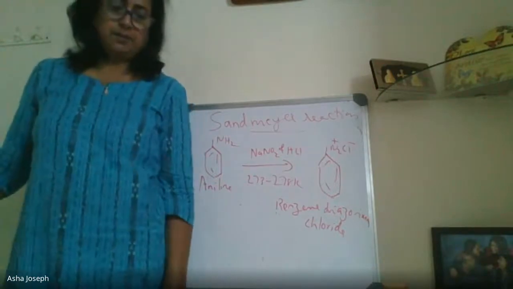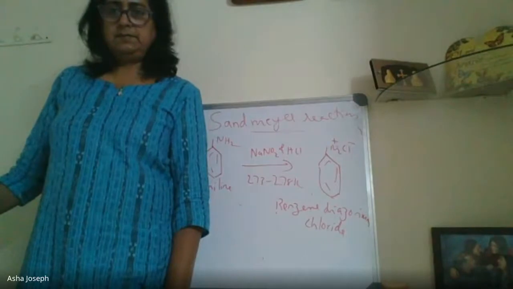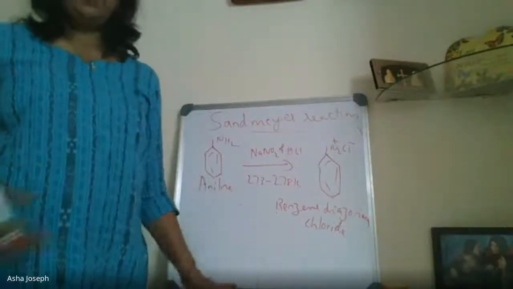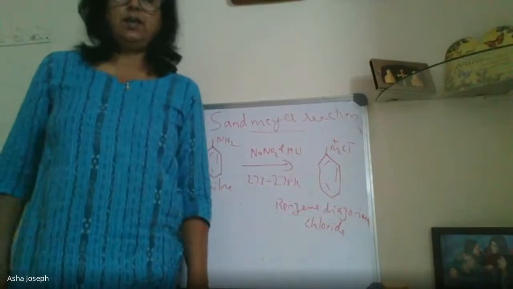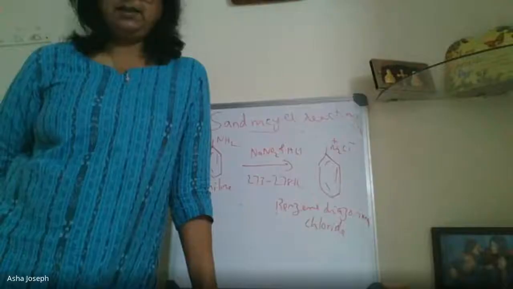Benzene diazonium chloride. Any doubt? No, ma'am. So have you written? Then our aim is not this. We want haloarenes, chlorobenzene.